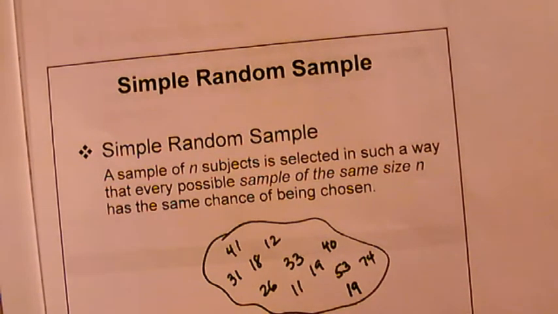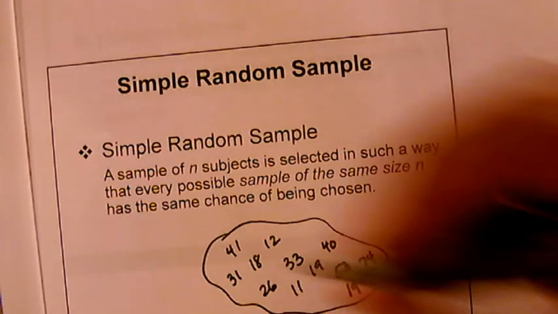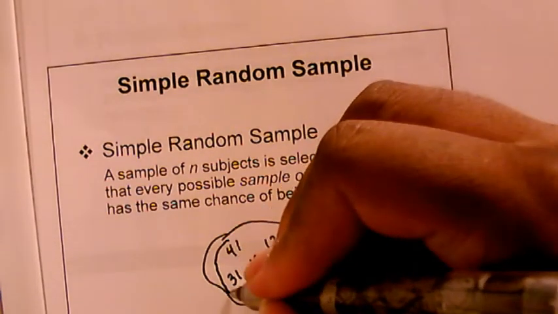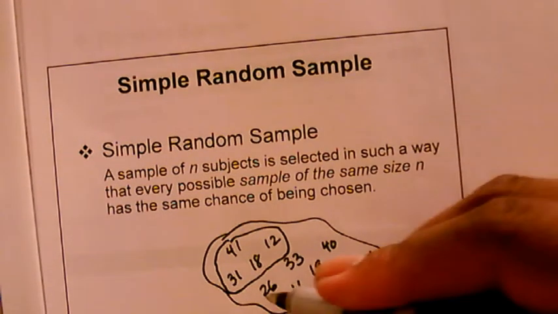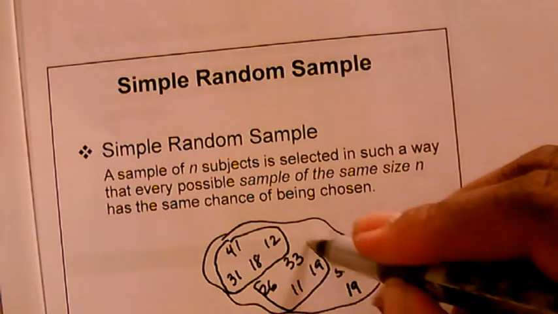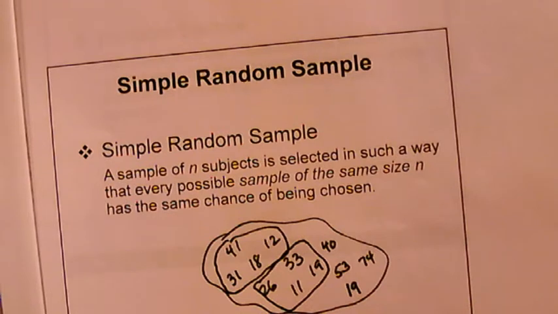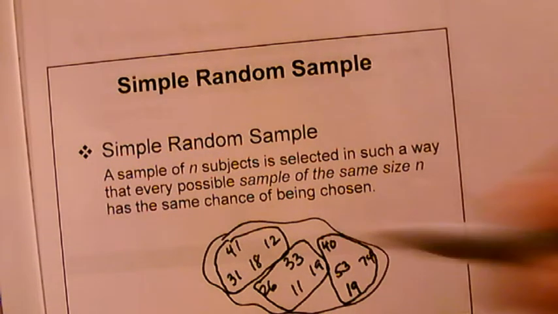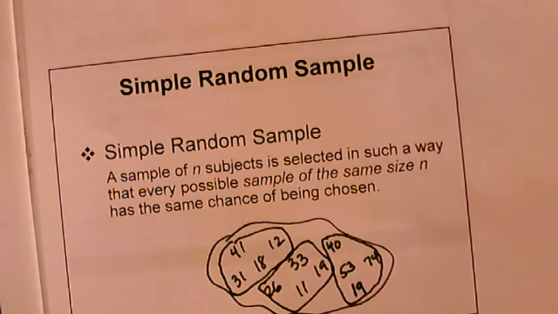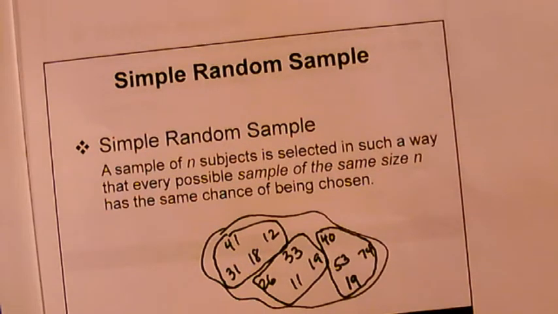In a simple random sample, each possible sample, let's say this sample right here, and this sample right here, of the same size, a sample of 4 numbers, and another sample of 4 numbers, and here's another sample of 4 numbers, each one of them has the same chance of being chosen. That's what we mean by a simple random sample. Okay?